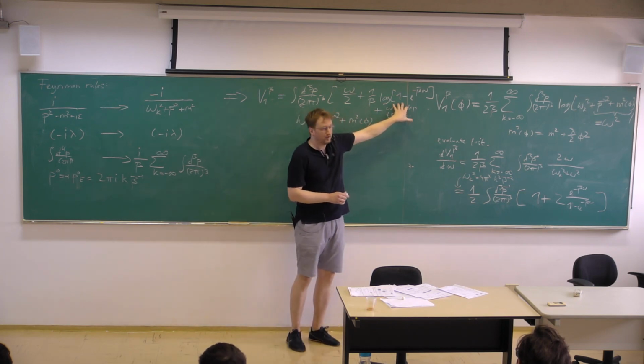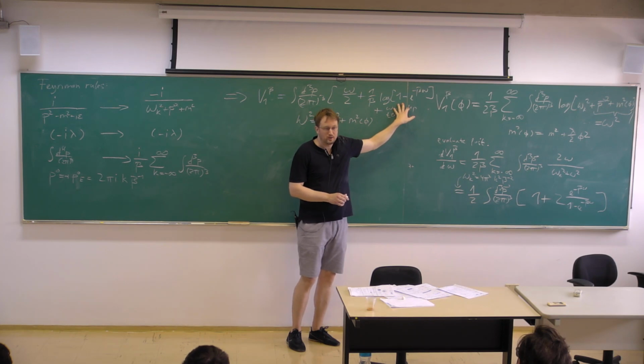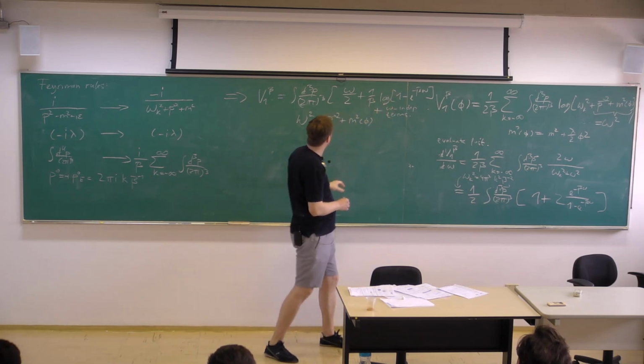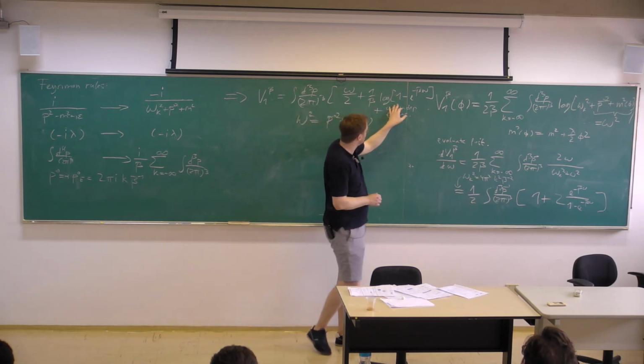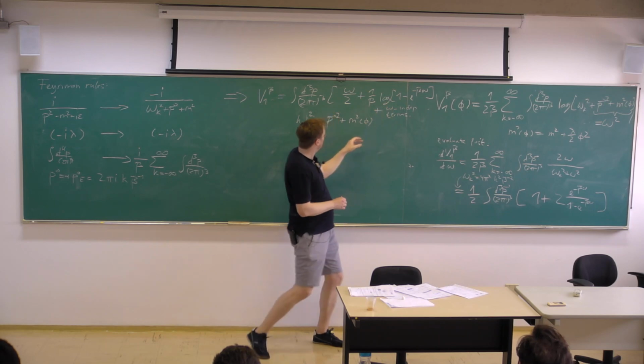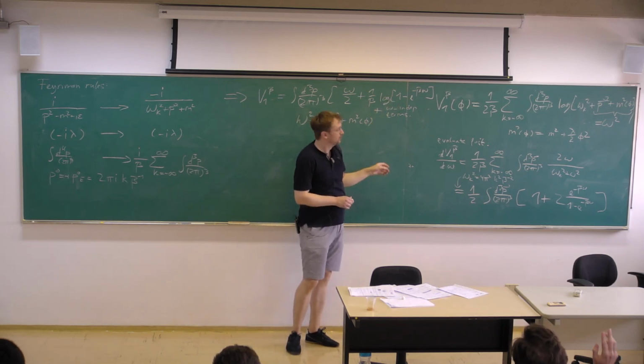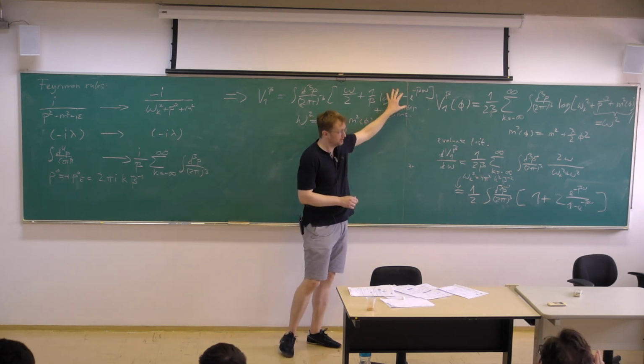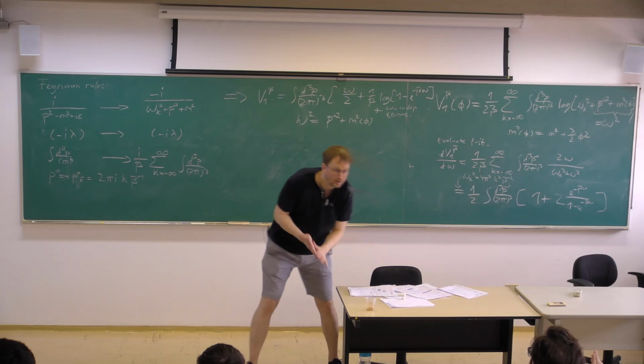And this is the correction that you get at finite temperature. I will show you that you cannot simplify this much more. In the end, you will write it as an integral, which you have to evaluate numerically. But this is essentially already the expression that you get at the end.